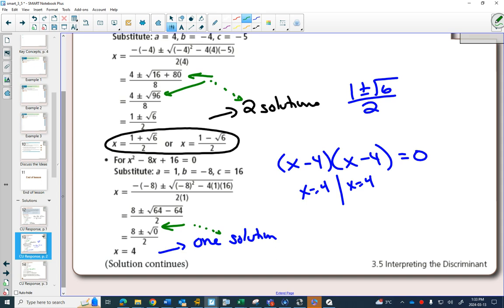Because you will just have 8 plus 0, 8 minus 0, that's the same thing, and you would get 4 twice. When you factor it, you see that you get 4 twice. Technically, if you solved the equation where you added 0, and then solved it again where you subtracted 0, you would get 4 twice that way as well. But then there's only one solution.